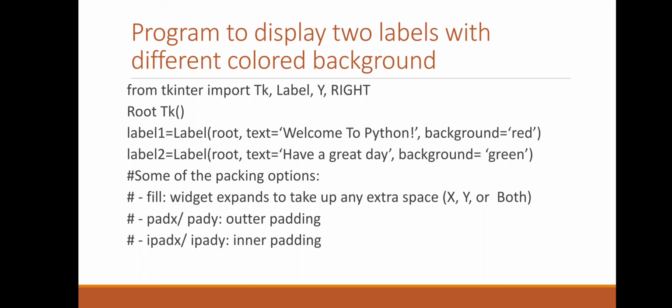We are going to import the Tkinter library, which is already available in the Python module. We can see here label 1 and label 2. We are using two labels. In label 1, we are going to write the text welcome to Python in a red background, and in label 2, we are going to write the text have a great day in a green background.